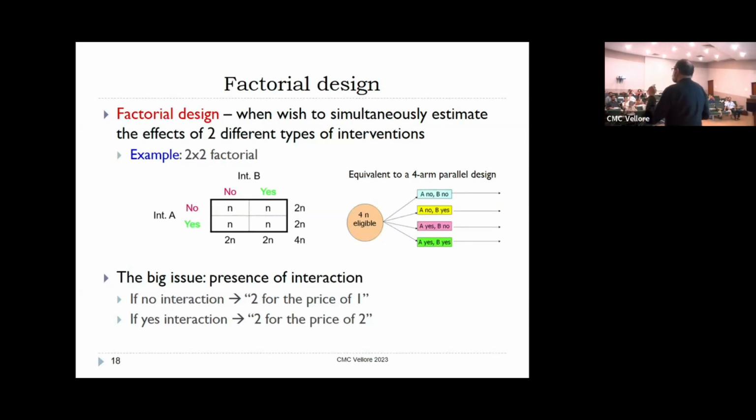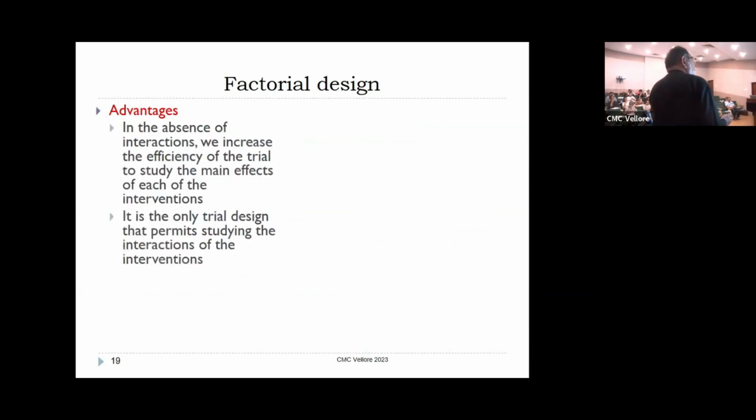Then we call that a synergistic effect. That it's better if you get this than if you don't get it. That's an interaction. And you may be interested in studying interactions. So these factorial designs are extremely good at studying interaction. So the advantage is in the absence of interactions, you increase the efficiency, and it's the only trial design that permits studying interaction. Because to study an interaction, you need to study them administered at the same time. Okay.